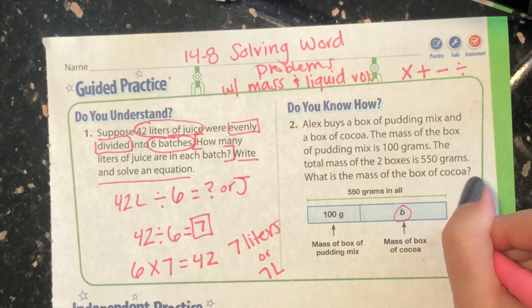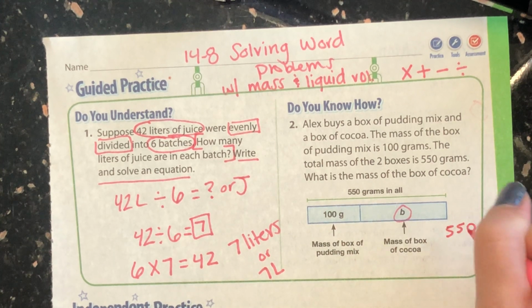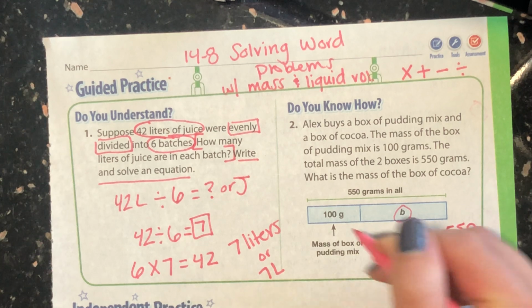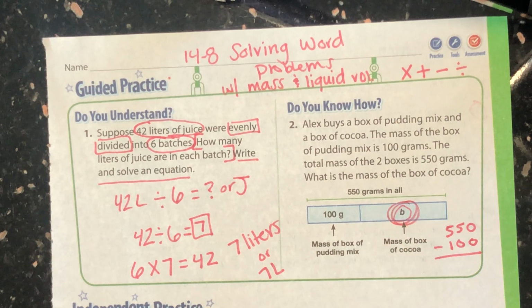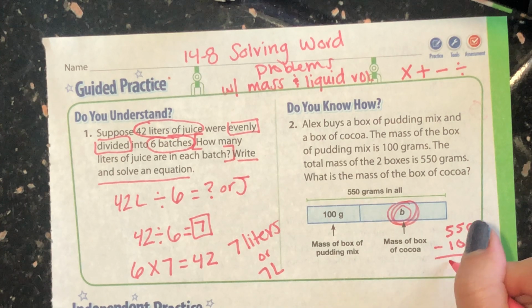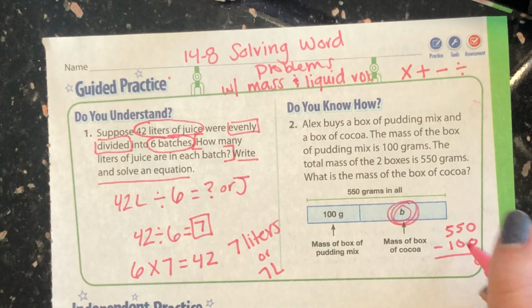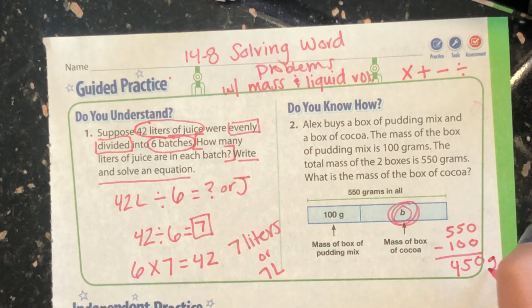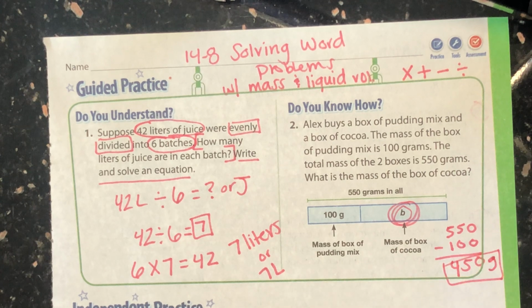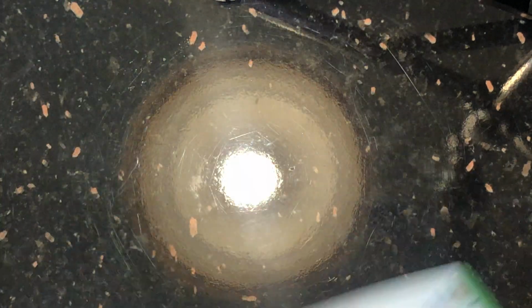So off to the side, 550 minus 100. That would be 0 minus 0 is 0, 5 minus 0 is 5, 5 minus 1 is 4. 450, and then I always need my label, which is grams. 450 grams.